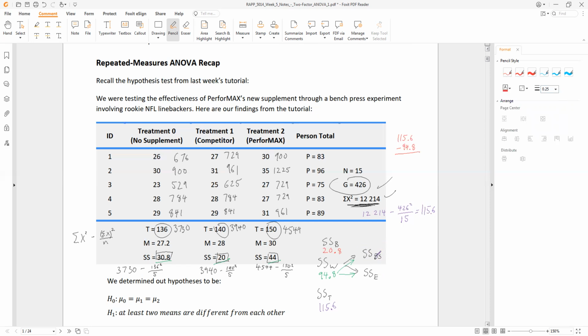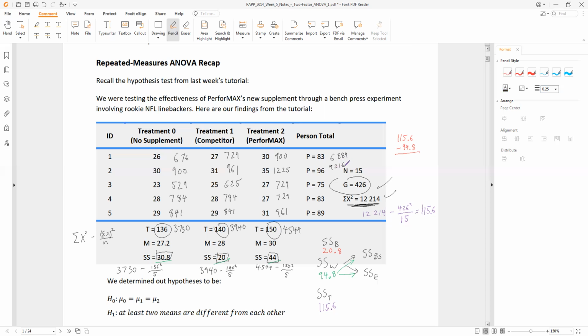Remember, the SS between subjects is how we were going to do that, right? So for that one, if you remember, there were a couple of ways to do it. The way I like to do it was to square each of these, right? So 83 squared, I'm getting 6889, and then 96 squared, I'm getting 9216.